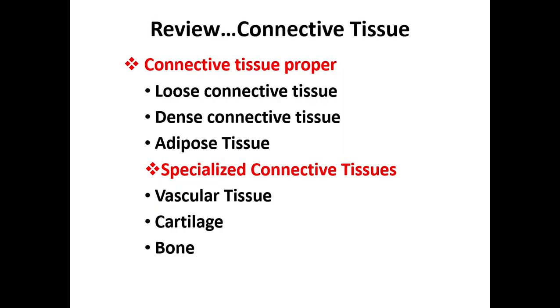So the mesenchyme is the youngest connective tissue of the body, or we call the precursor of the connective tissue of the body, and will develop into connective tissue proper and specialized connective tissue. So connective tissue proper, we have the loose connective tissue, the dense connective tissue, the adipose tissue, and specialized connective tissue, we have the vascular, the cartilage, and the bone.